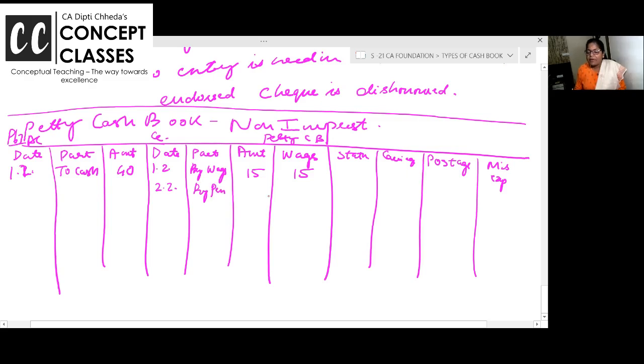So it will go in printing and stationery. Railway freight. Railway freight will go in the carriage. Railway freight 2 rupees 31 paisa, whatever it is you can take.